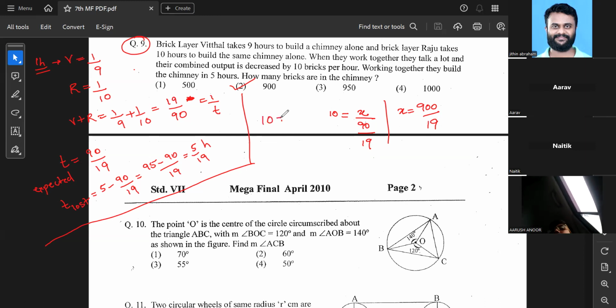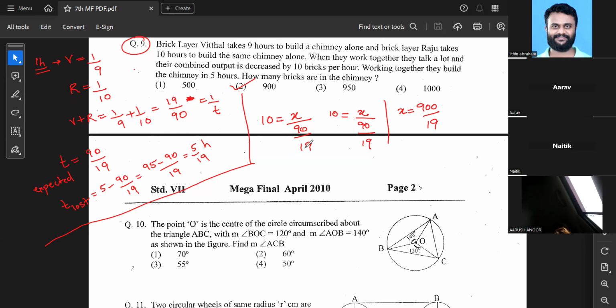So 10 bricks. So that will say total number of bricks lost per unit time taken. X minus 10. So multiplied by, this is per hour. Okay. So 10 bricks multiplied by total number of time taken is total number of bricks lost or decreased.